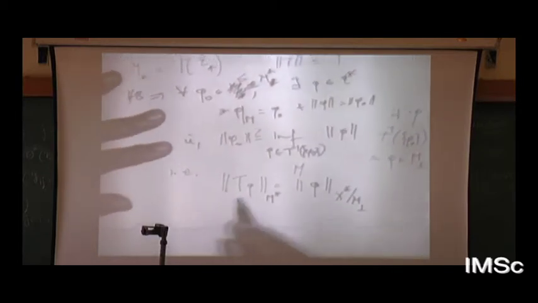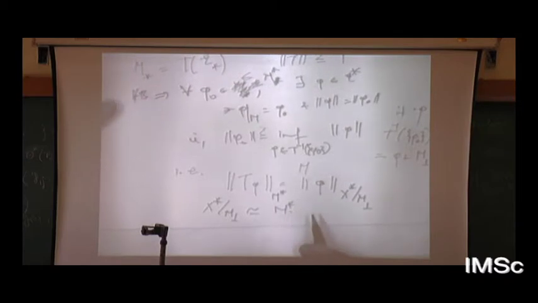That is, we've seen that in general X star mod M perp is naturally identifiable with M upper star. This is just a Banach space. There is no dual, no pre-dual or anything like that.